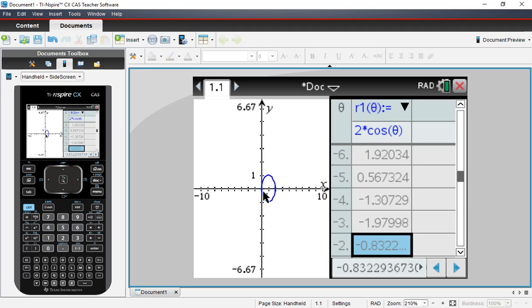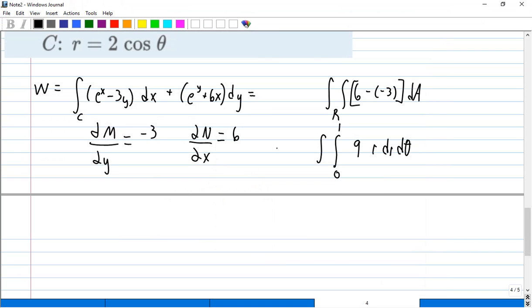So I think we need all the values to trace out the entire polar graph. That's what I'm getting at. Which would mean that we need to go from 0 to 2 pi.